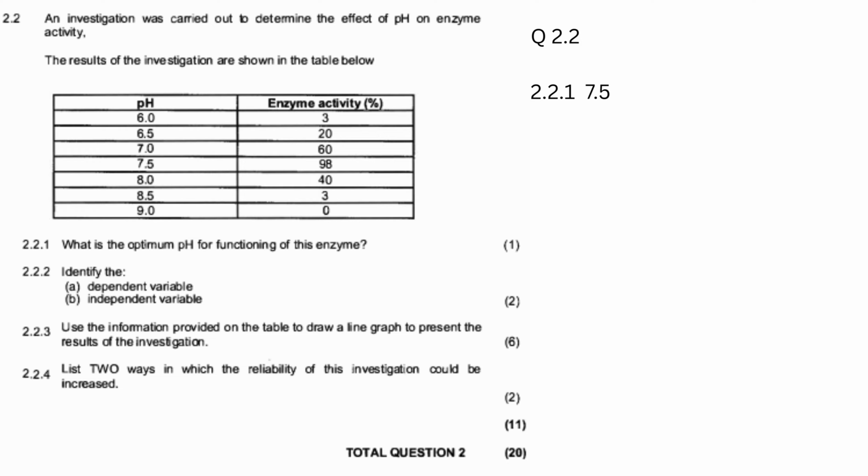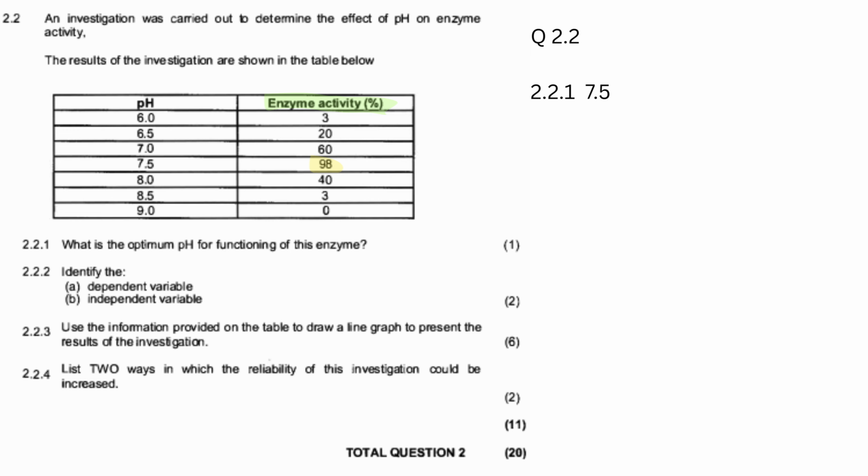Why is that? Well, the word optimum is just a fancy scientific way of saying the absolute best. To find this, you just have to look at the enzyme activity percentage column in your table and find the highest number. The highest activity is 98%.